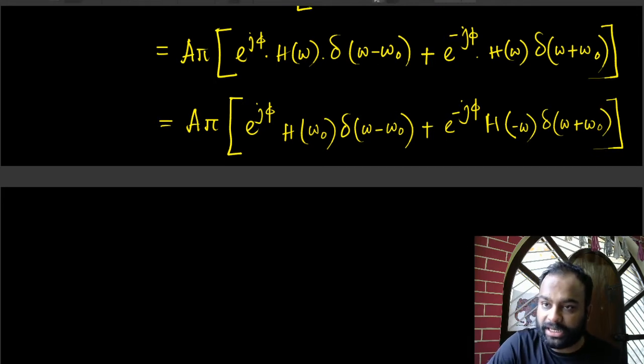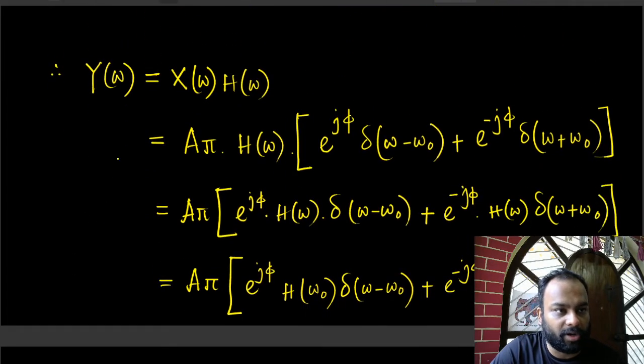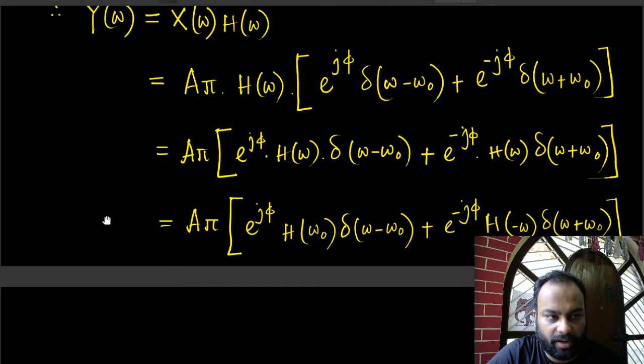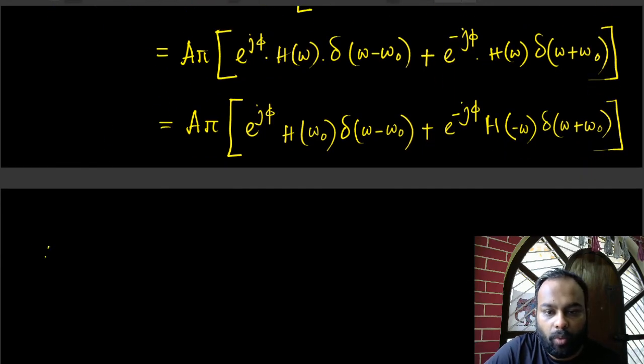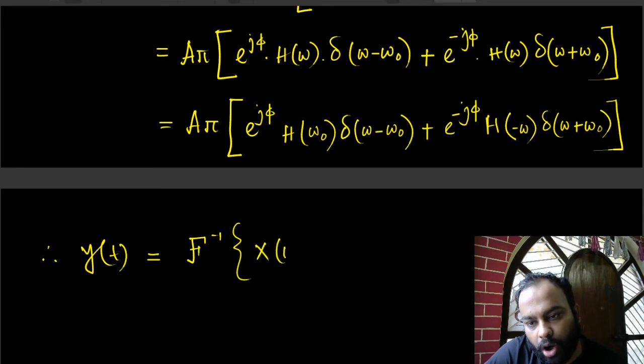Again, if you still have any query, feel free to ask. So that's the Fourier transform of the output, right? Then what is the output? The output, of course, is going to be the inverse Fourier transform of Y omega, because Y omega is the Fourier transform of the output.